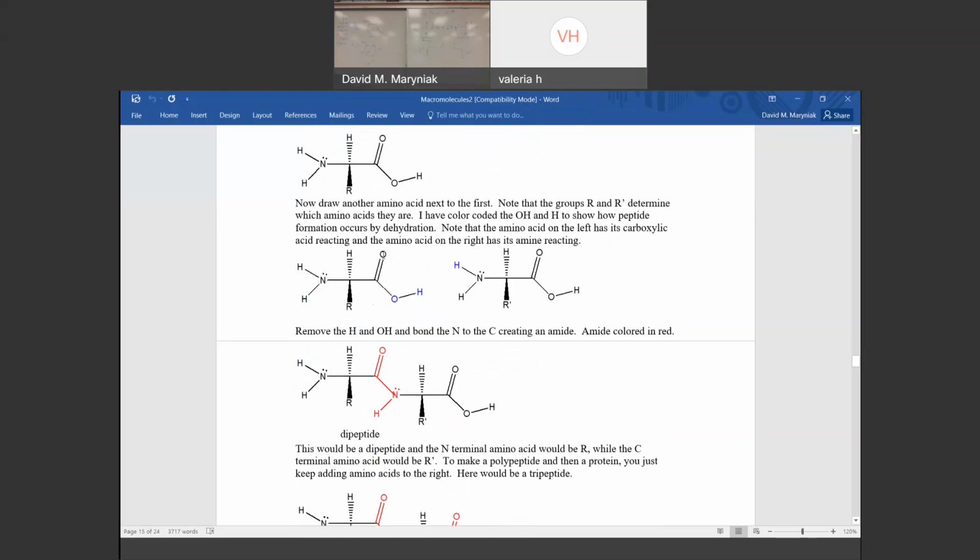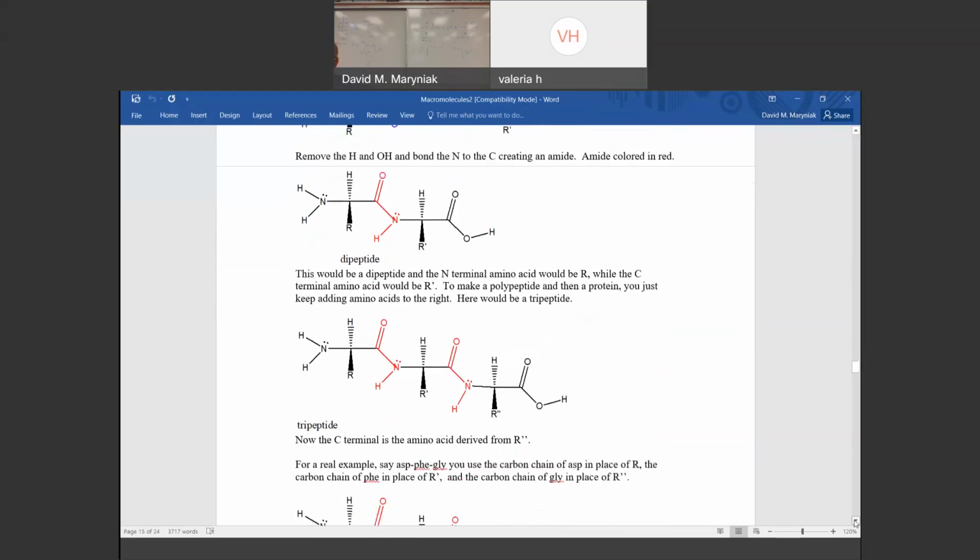Because right here we have one amino acid. Here we have another amino acid. Before they're connected, are they just two amino acids? Once they're connected, it's a dipeptide because we've connected two amino acids.